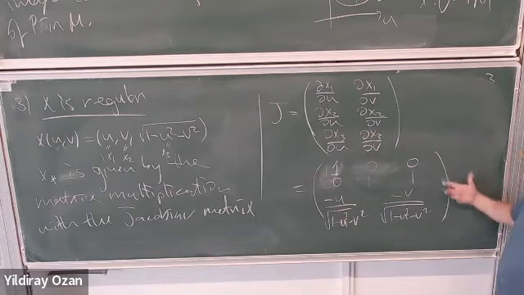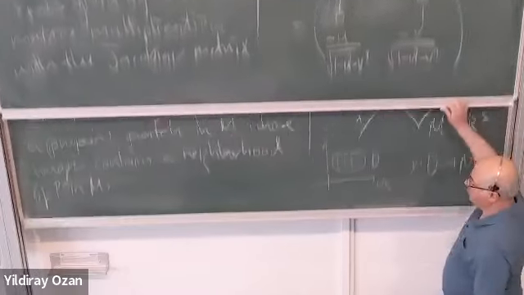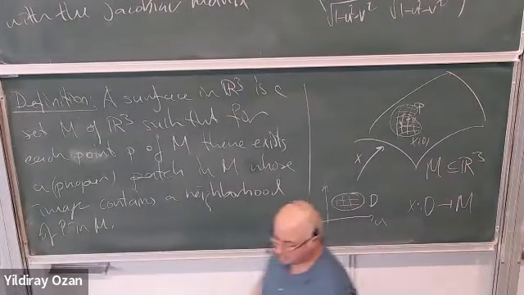is always 1-to-1 because it has rank 2, right? It has rank 2. Let me write that down.